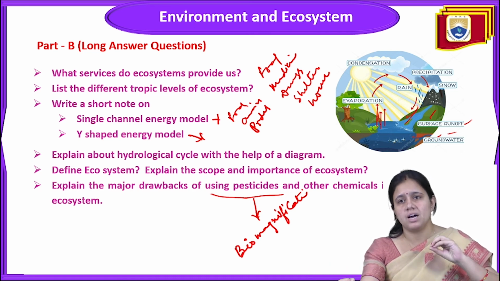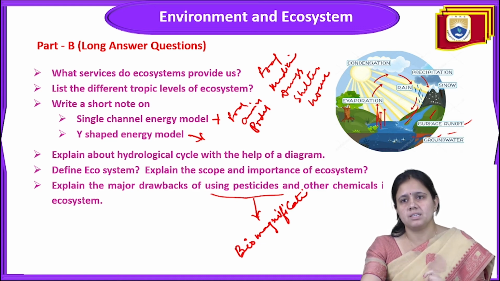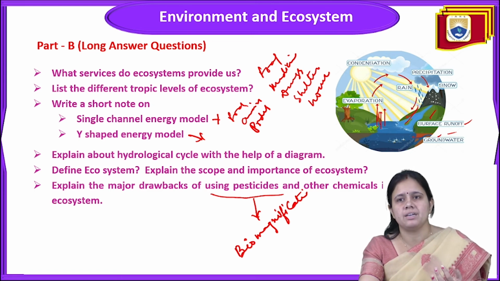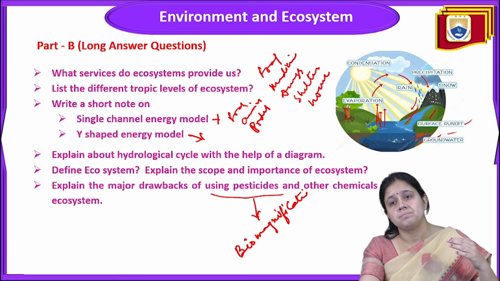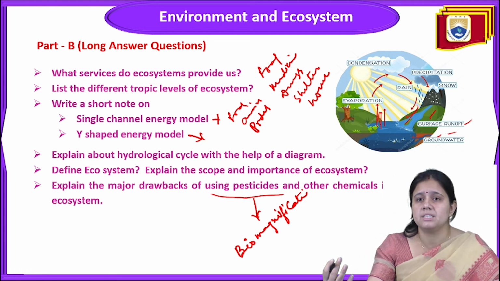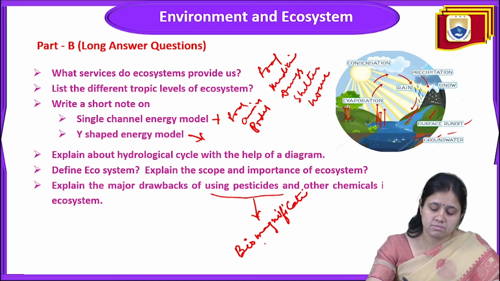If a little amount of pesticide is there in the zooplankton or phytoplankton, it will automatically increase many times from the producer to the higher trophic levels. Then if it is eaten by a fish, it will be biomagnified and increase. And if that fish is eaten by a man, it will increase many times more. So this is about the biomagnification of DDT.